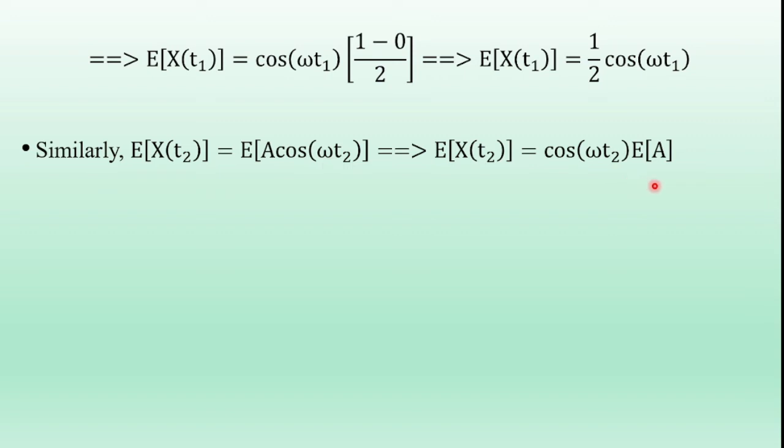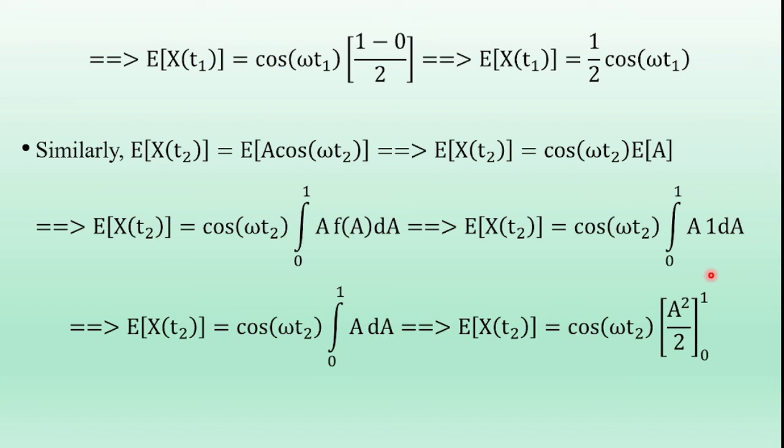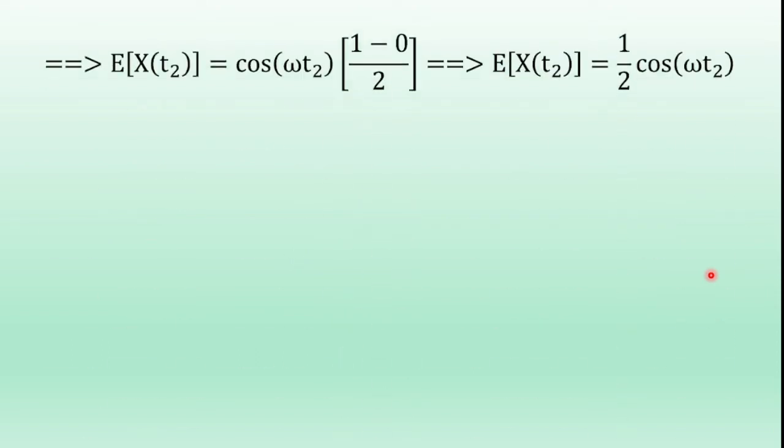Expectation of a is the integral 0 to 1 of a into f of a dA, and f of a is 1 from the given data. Integral of a dA is a square by 2. Substituting the upper and lower values, expectation of x of t2 is 1 by 2 cos of omega t2.